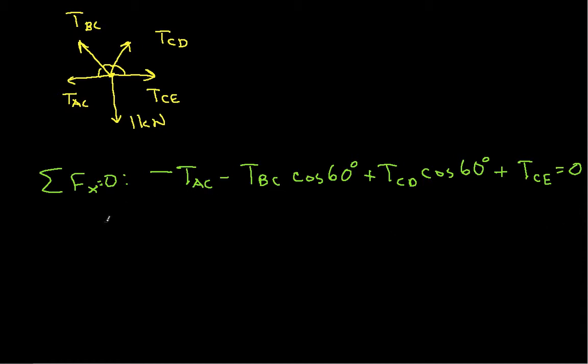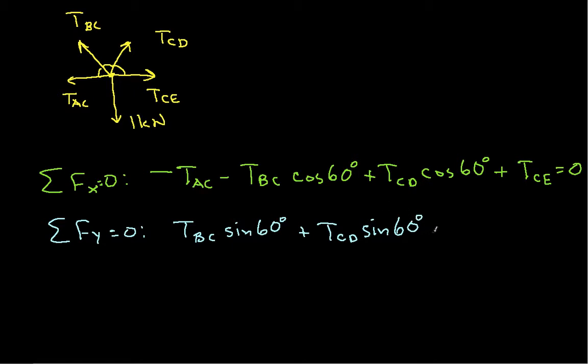Okay, and if we look in the y direction, we'll have TBC sine of 60 plus TCD sine of 60 minus 1 kilonewton is equal to 0. And we know what TBC is.